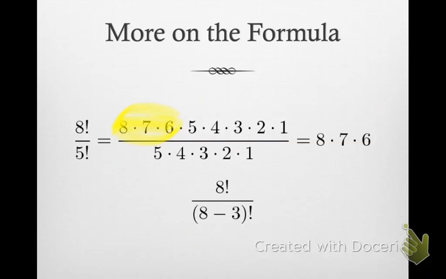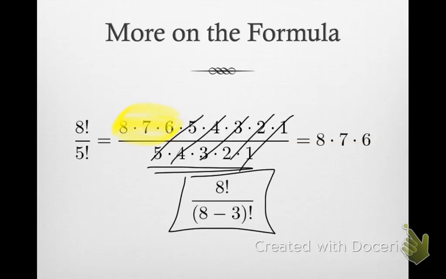So what we do is divide by this factorial down here, because the 5s will divide out, the 4s will divide out, etc., and we're left with 8 times 7 times 6. So the best way of writing this out, using our formula, we start with the total and we subtract off how many we're choosing. And that will give us the truncated factorial, the factorial that stops.